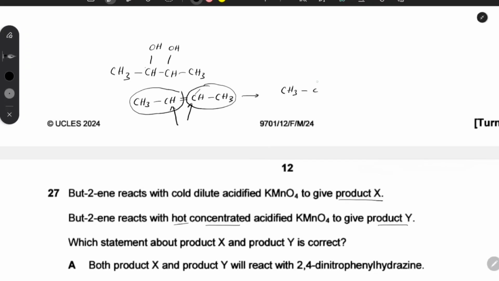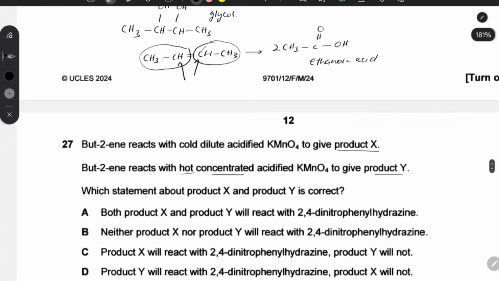CH3C, this carbon is attached with double oxygen and this hydrogen will be attached with it. So this is our product. And this bond will further attach with one more oxygen and you will get these two products. So this is ethanoic acid and this one is glycol.